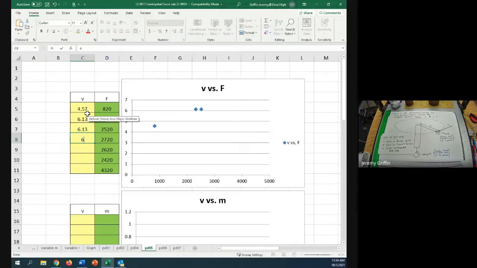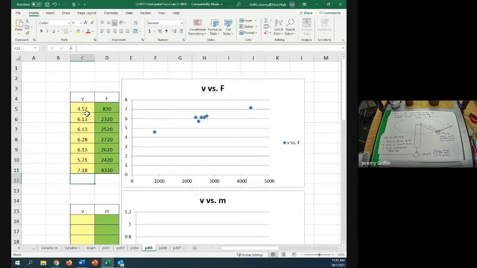I've got 6.28. 6.3 again. And 5.71. And the last one is 7.18. All right. Actually, that's about what that should look like.